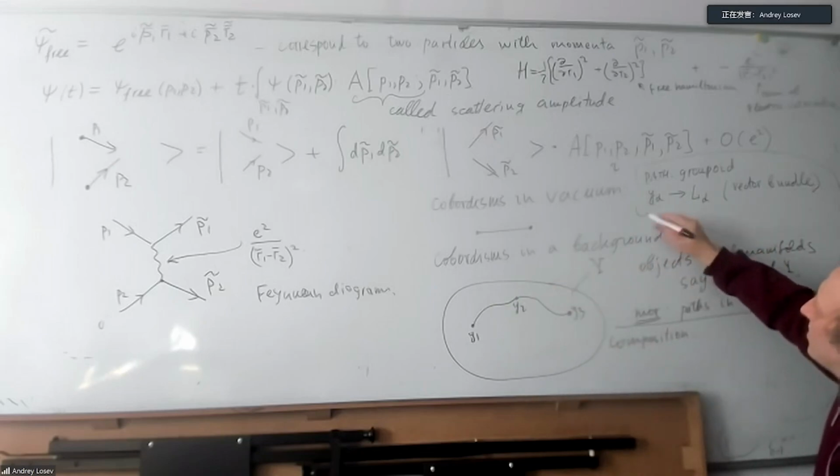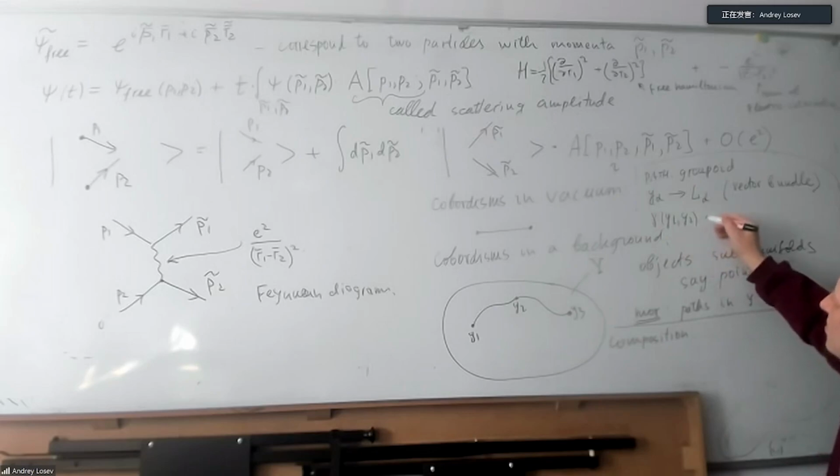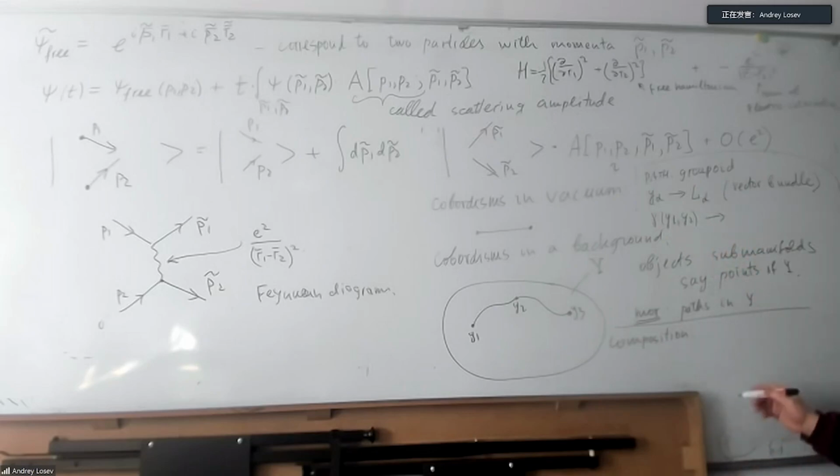To each path gamma from Y1 to Y2, you associate what? You associate holonomy. Okay, you may say that we associate endomorphism. Not endomorphism. Now you associate a linear map, homomorphism, from L_Y1 to L_Y2.